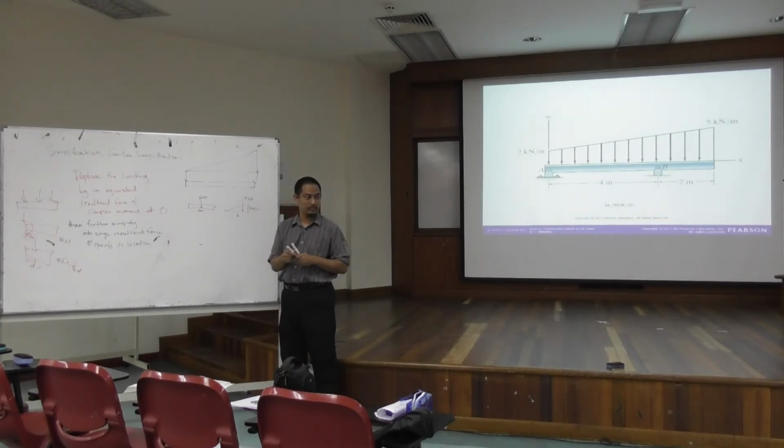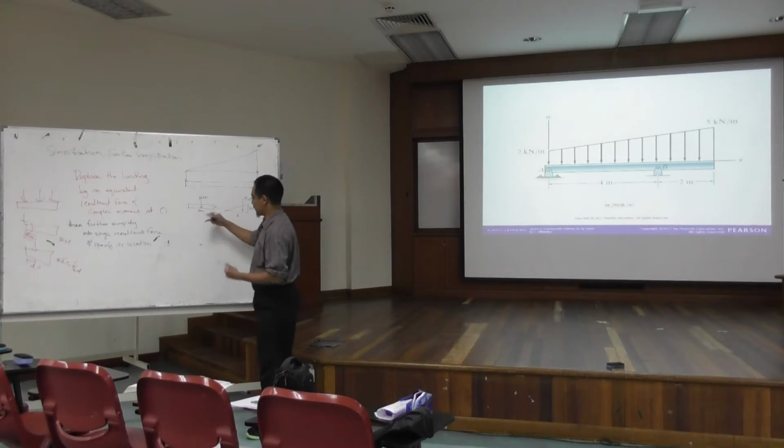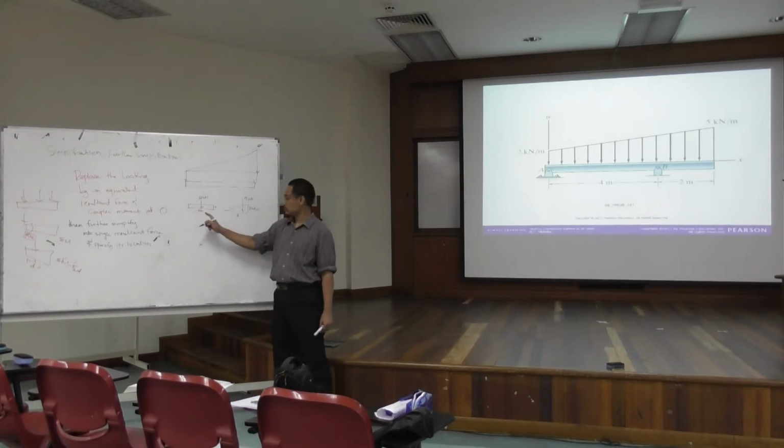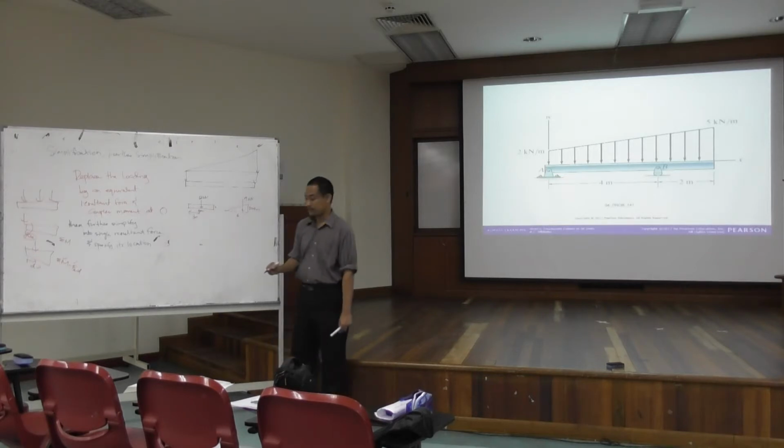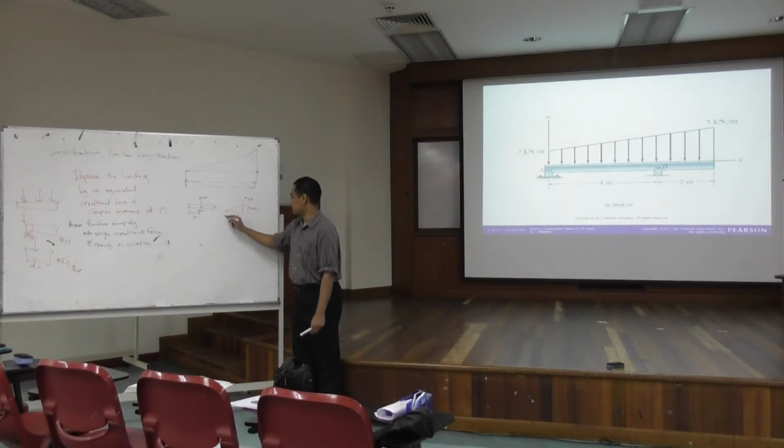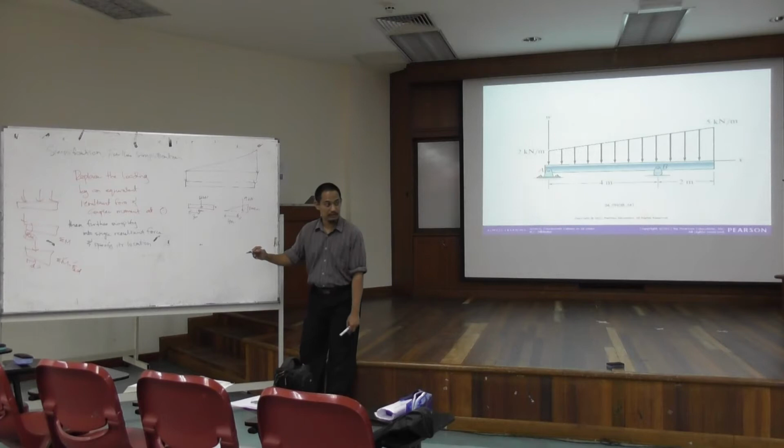Any problem? This one should be at the middle, right? So meaning this distance is 3 meter, right? This distance will be 4 meter, right? Why? It's 1/3 and 2/3 of the ratio.